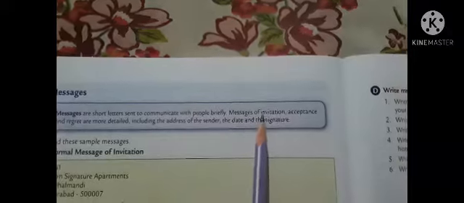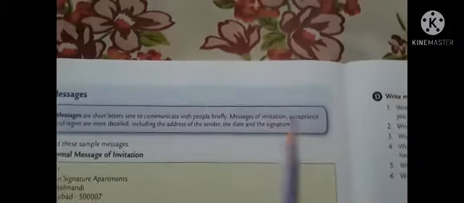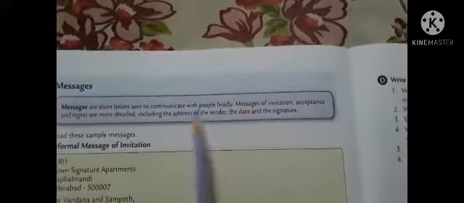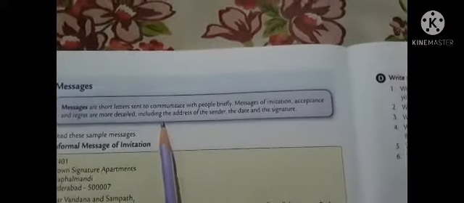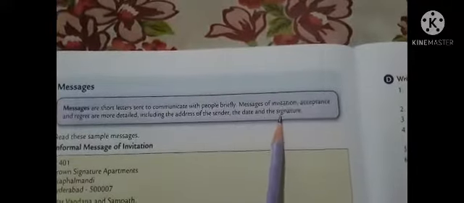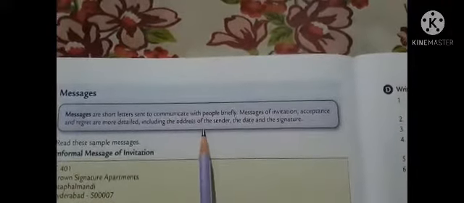Messages can be of invitation, acceptance and regret, and are more detailed, including the address of the sender, the date and the signature.